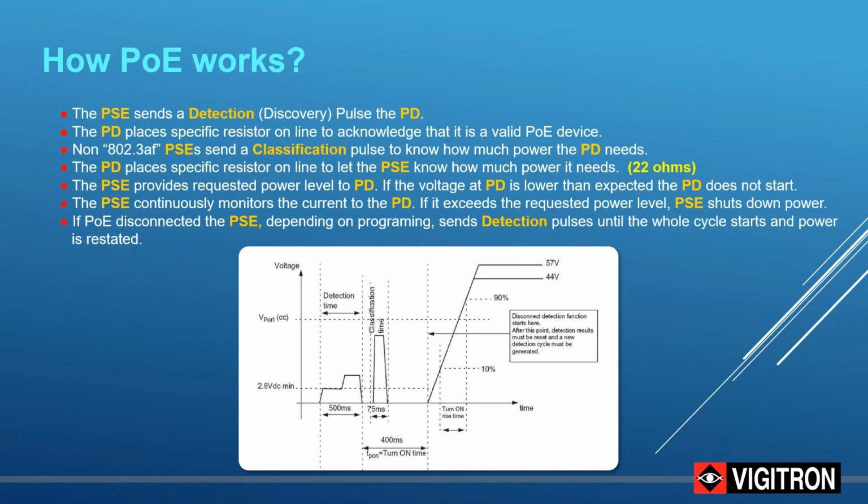But we have a bunch of variables in this. There are various manufacturers of PD chips and PSE chips, and they all operate a little bit differently. You put them in a circuit where manufacturers design different circuits for cameras and everything else that's powered by PoE, and they all operate a little bit differently. And that's where the confusion starts coming in.